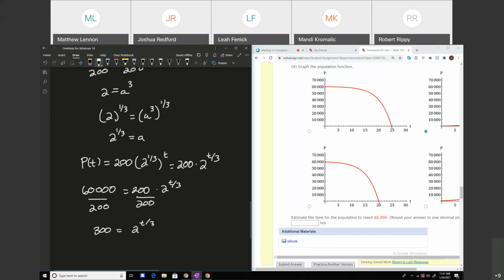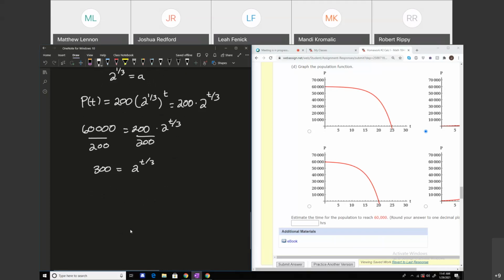And now we have to use our logarithms to get that t out of the exponent. So take the natural log of both sides. So natural log of 300 is t over 3 times the natural log of 2.